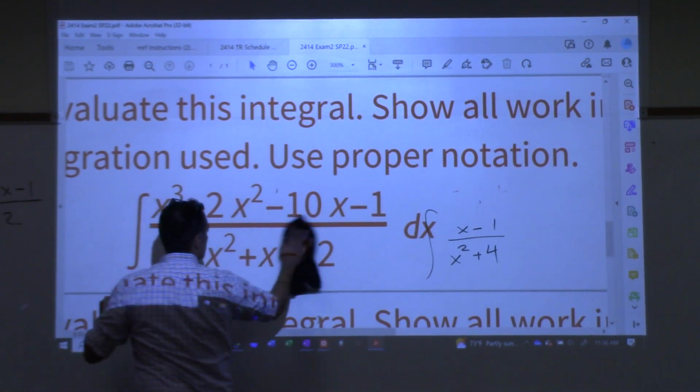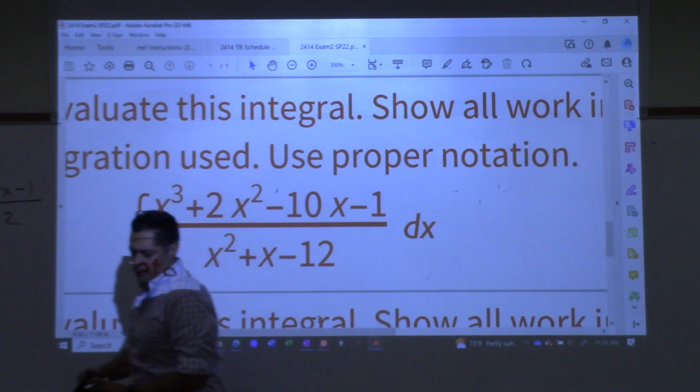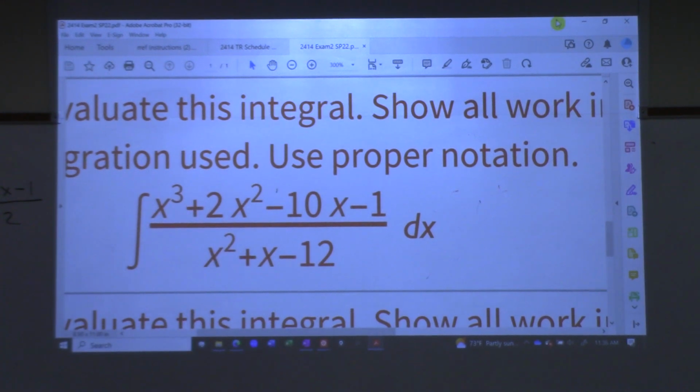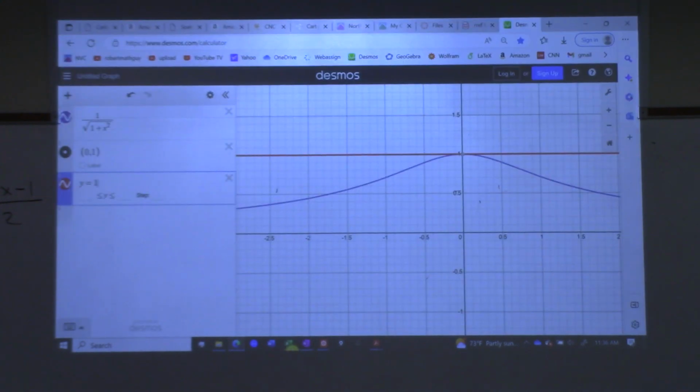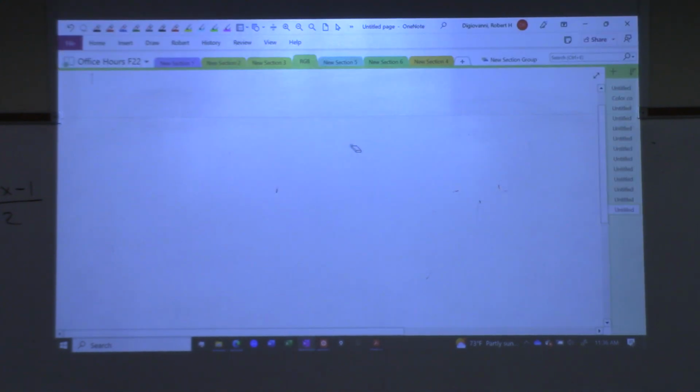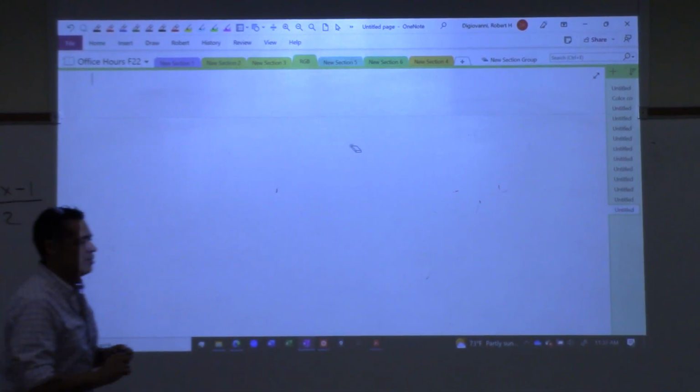All right, let's go. We look at this and I see a rational function, so I immediately see power here, power here. Long division is where I'm starting. I'm going to start with long division.